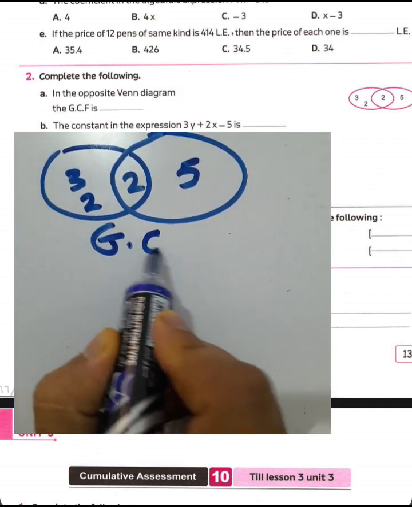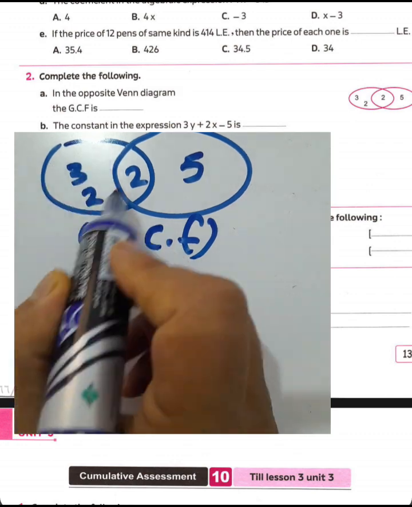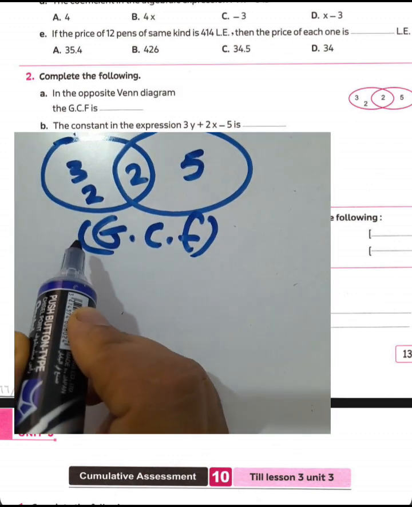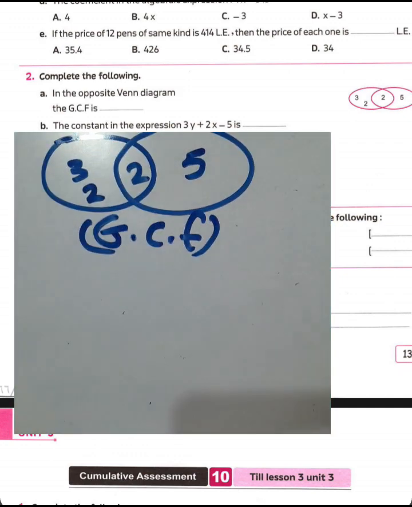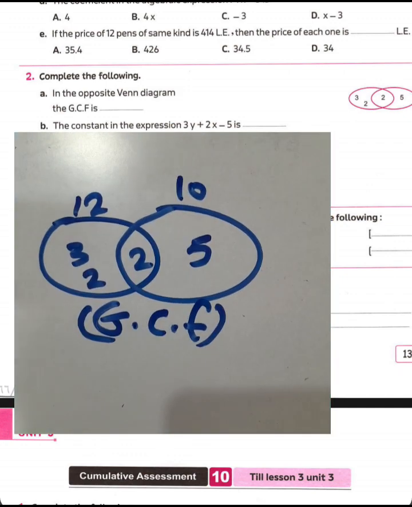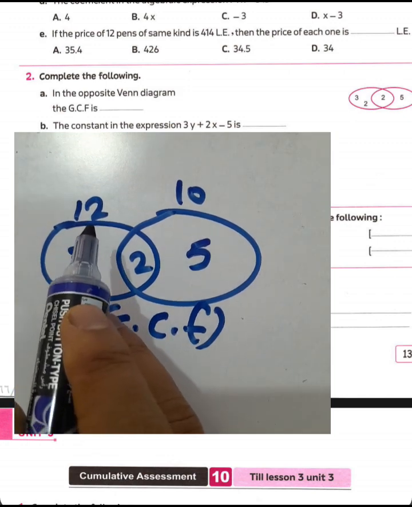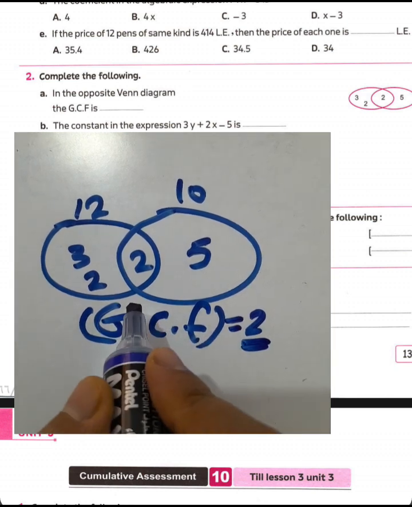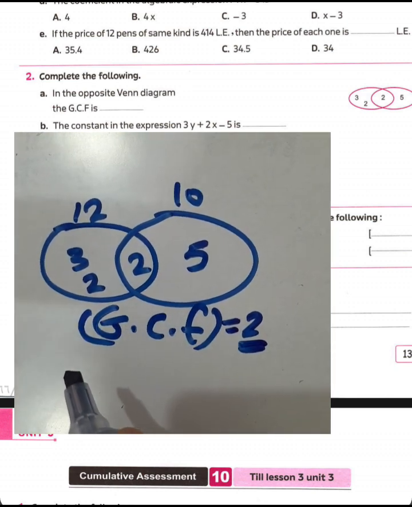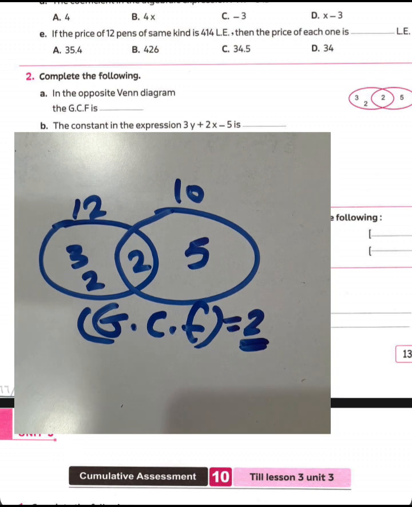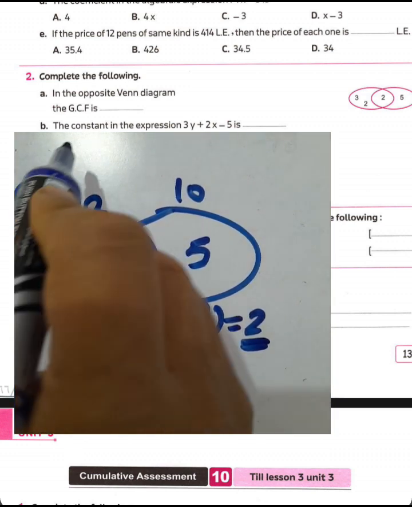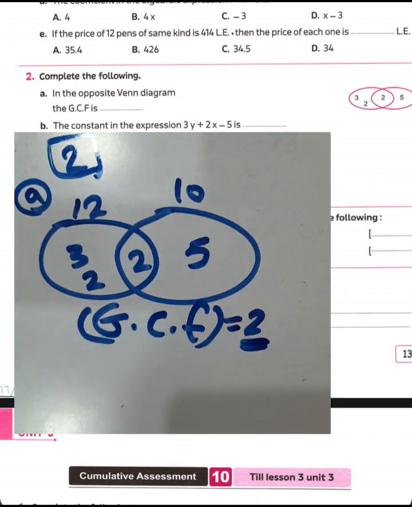For the first number, 3 times 2 equals 6, 6 times 2 equals 12, and the next number here was 10. So the greatest common factor between 12 and 10 will be 2. You can write the greatest common factor 2 here. Understood? The result will be 2 for question letter A in question number 2, the greatest common factor between 2 numbers.